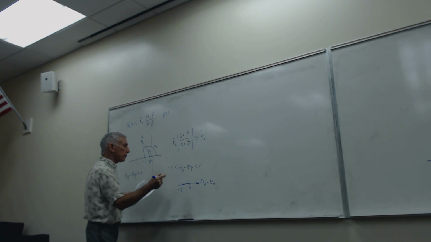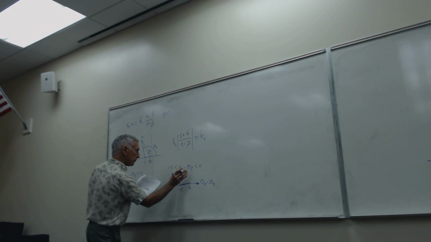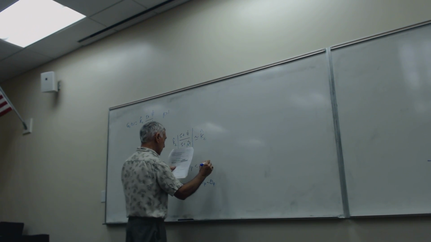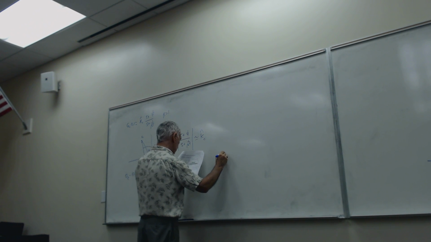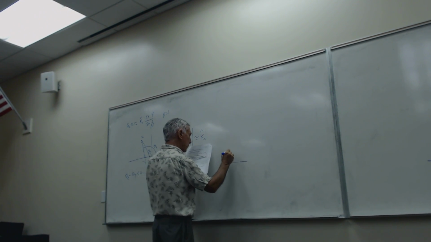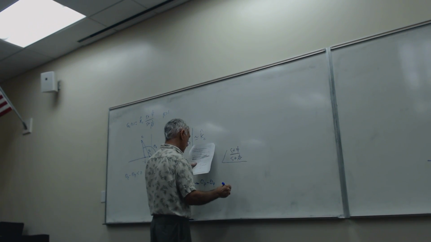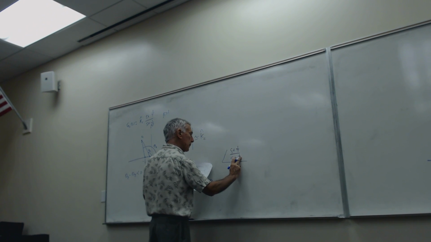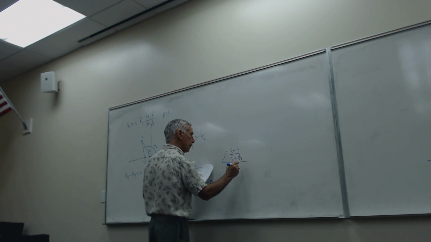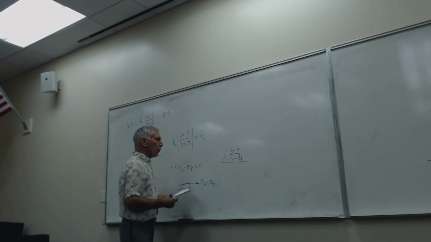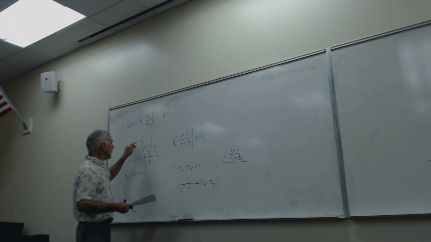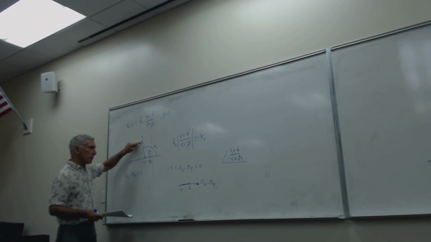Or you could equivalently write that instead of this, you could just write the phase of (s plus 1 over T) divided by (s plus 1 over beta T), when evaluated at that point S1.